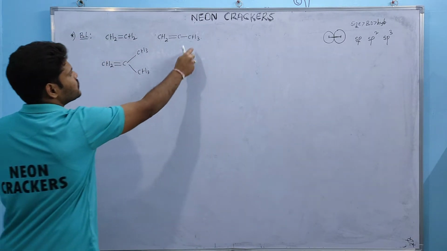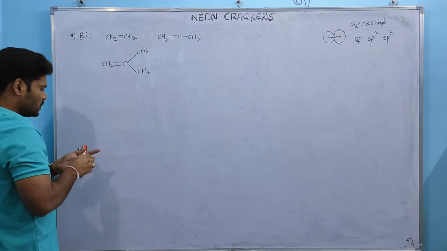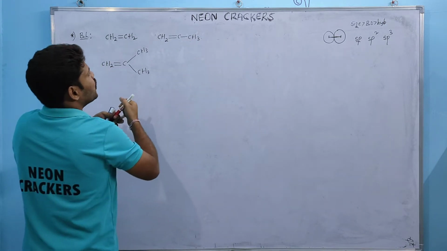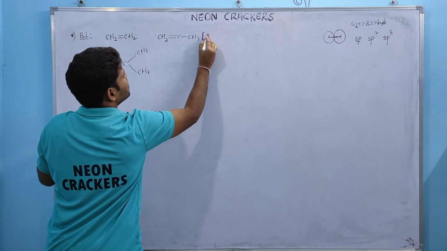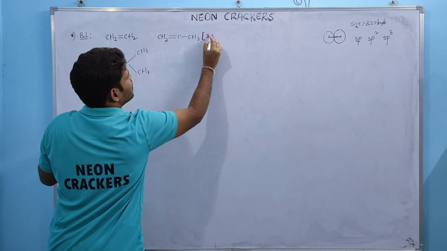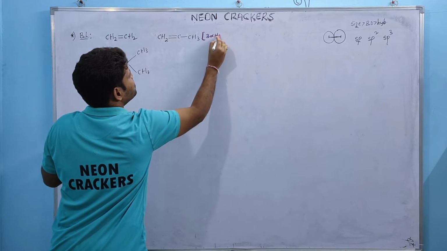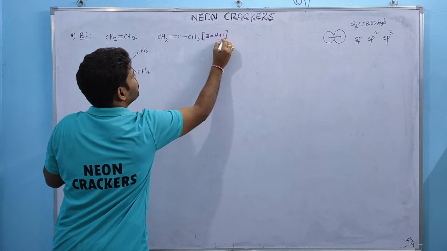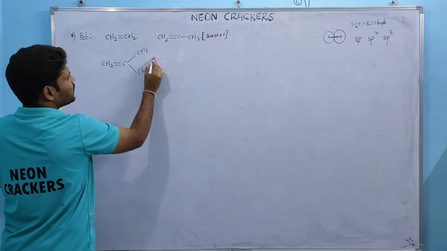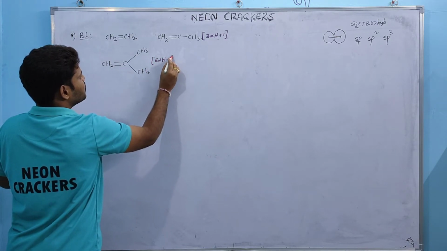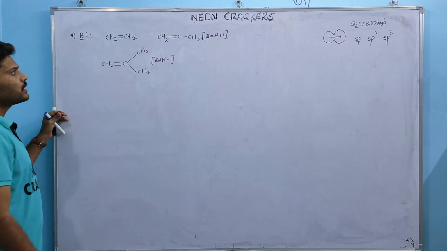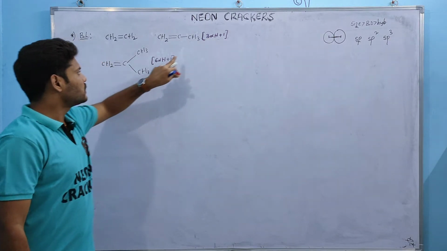Now you may observe hyperconjugation. How many hyperconjugative structures are there? The total number of hyperconjugative structures is 3 alpha hydrogens plus 1, so a total of 4. Next, there are 6 alpha hydrogens plus 1 unique structure, so a total of 7 structures.